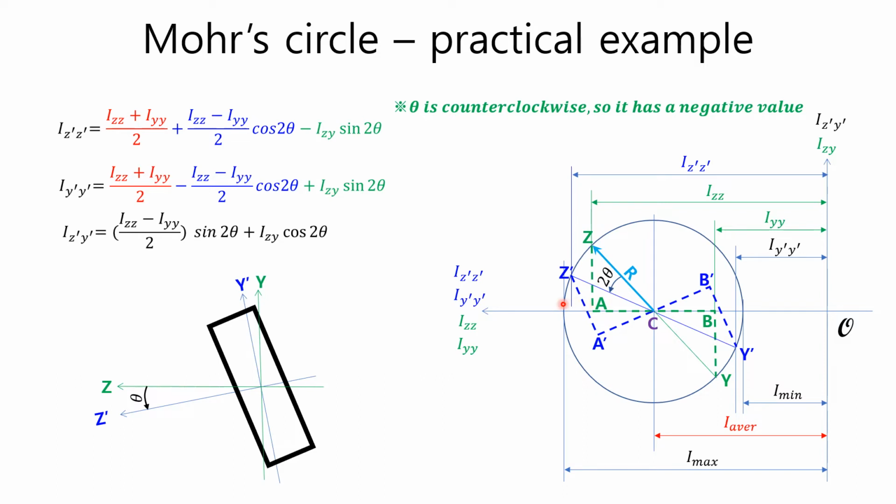It can be seen that the direction of rotation in the Mohr circle and the direction of axis rotation in the actual section are the same, according to the 2 theta term in the related equations. The rotation angle theta in the actual section is doubled in the Mohr circle as 2 theta. Remember that the green dotted line before rotation and the blue dotted line after rotation are exactly the same shape and size.